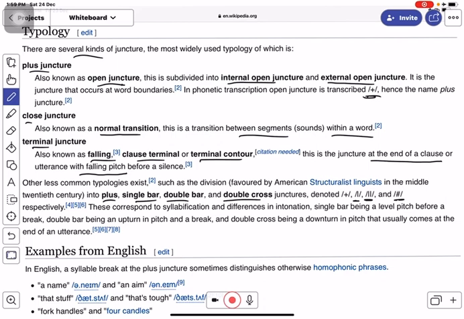These correspond to syllabification and differences in intonation, single bar being a level pitch before the break, double bar being an upturn in the pitch before the break, double cross being a downturn in the pitch before the break.